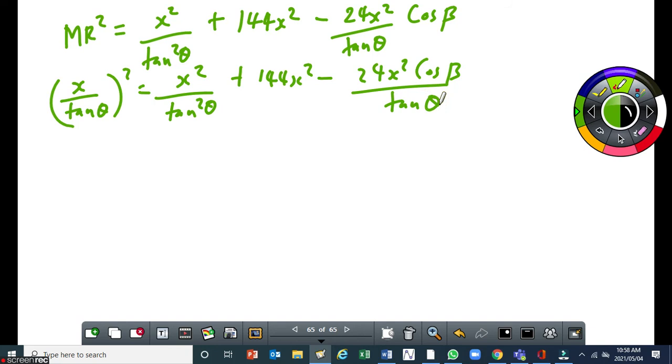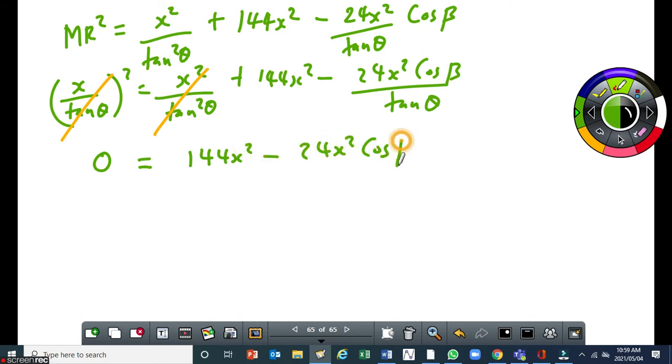Okay, I can see my answer coming out. So these two are going to cancel out. They are like terms. You take either the one on the left to the other side or this one to the other side, they will cancel out. So if I cancel them out, I'll be left with a 0 on the left, and I'll have 144x squared minus 24x squared cosine of beta over tan theta.